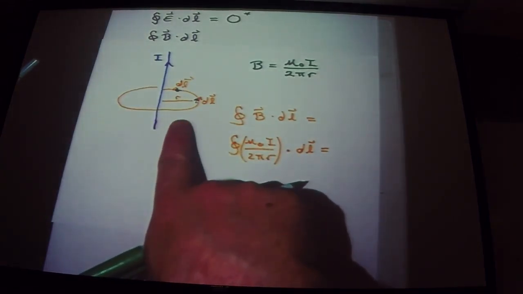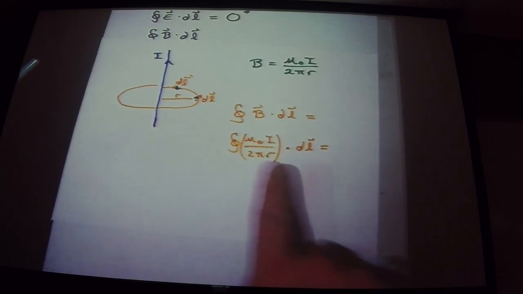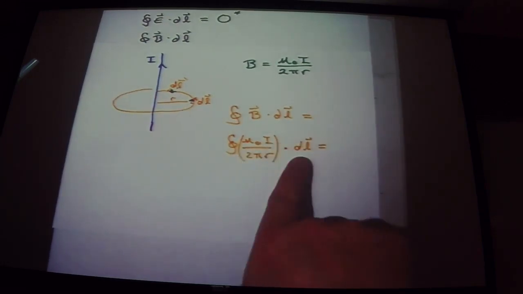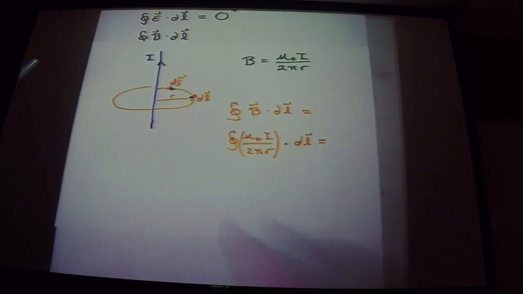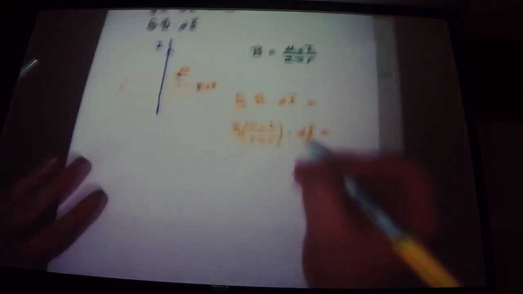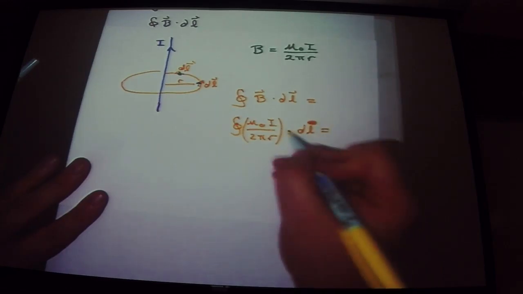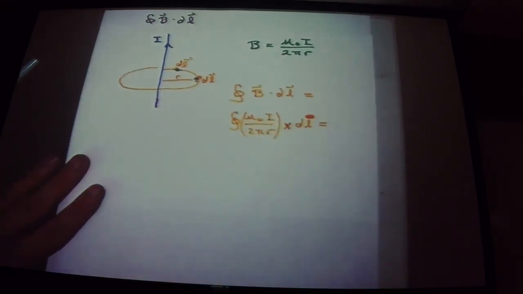Since they're in the same direction, this dot product will always be 1. Same direction, dot product 1. So I don't need the dot product. My thing is now just an integral of dl, because the dot product is always 1.